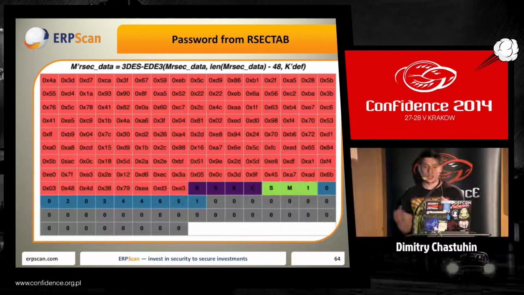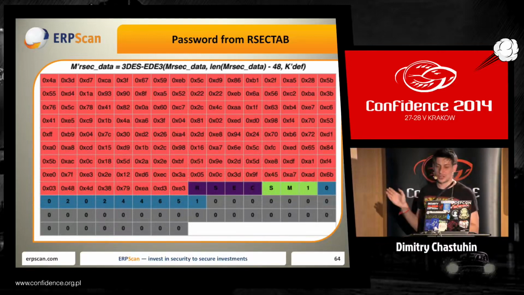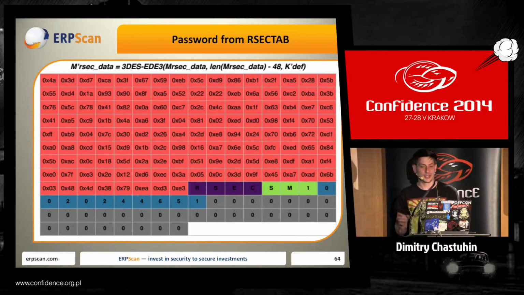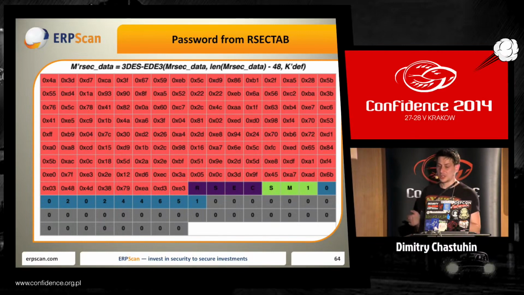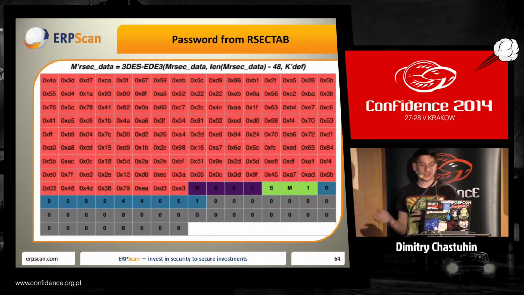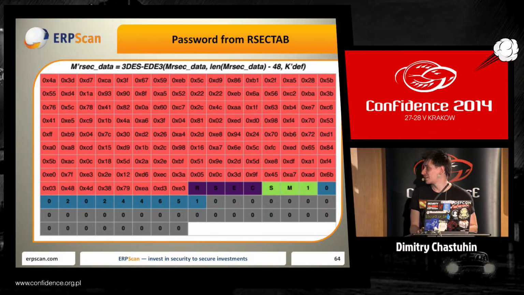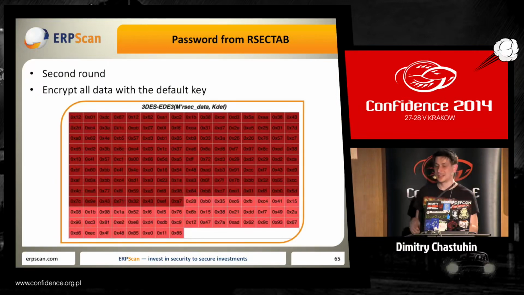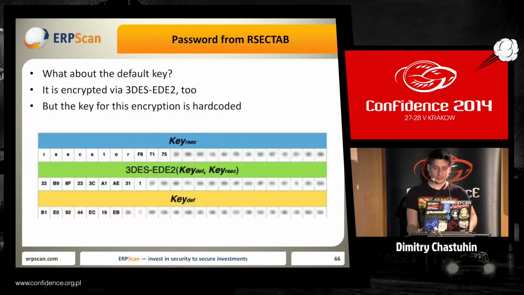So after the first round, we get this picture. The bigger part of the data is already encrypted, but the part which was used for generating the first key is still in clear text. That's why we have a second round of encryption. As key, SAP uses the default key value, and as a result, after the second round, we will get encrypted data.